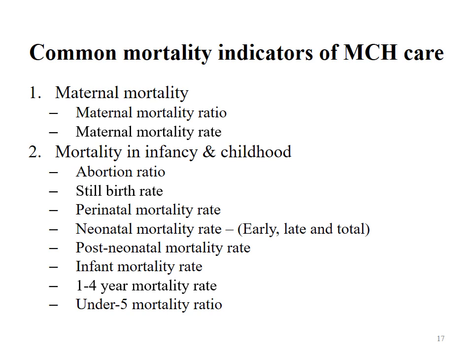For the stillbirth rate, the denominator is live births plus stillbirths, and for the 1 to 4 year mortality rate, the denominator is the total number of children of that same age group. Understand? These are the three exceptions. Except these, all these indicators have live births as the denominator.